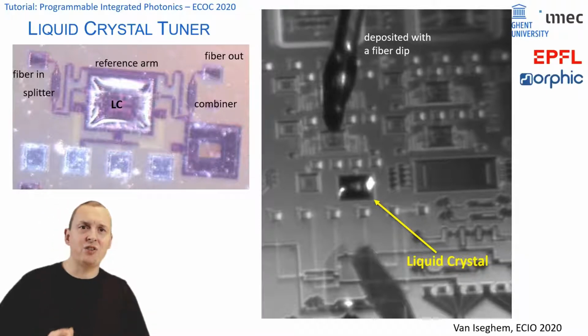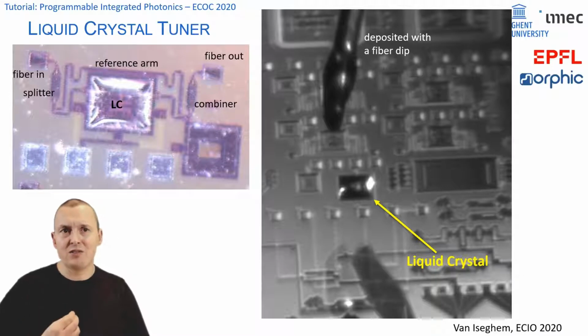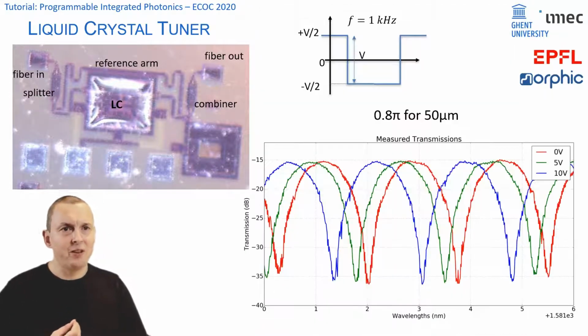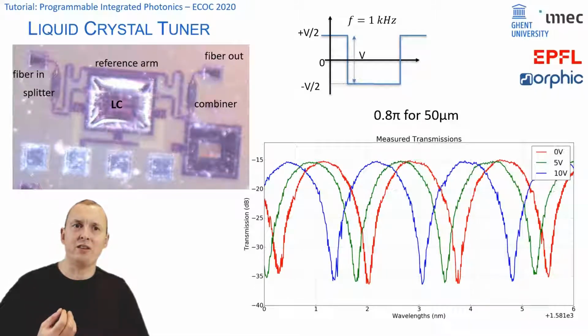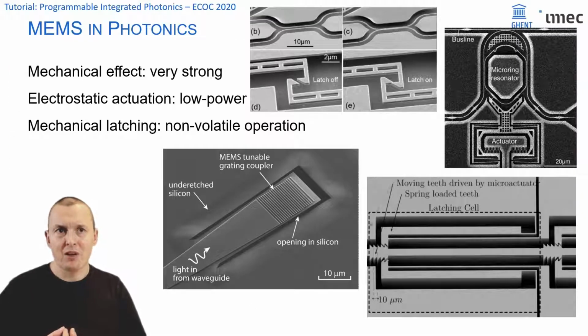The challenge is to get that liquid crystal integrated with the silicon. So we make these little cavities where we can do little droplets of liquid crystal. And then if you apply a voltage, we do observe a quite good phase shift on the order of 0.8 pi over a length of 50 microns.